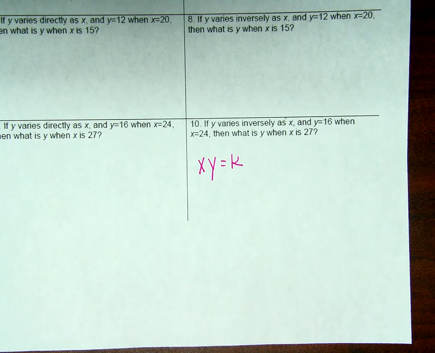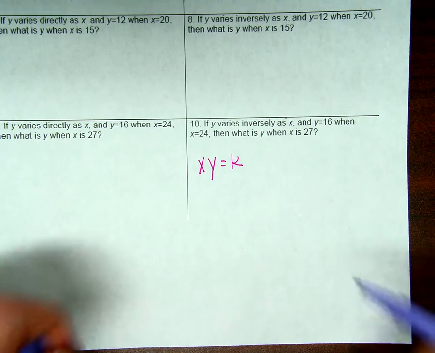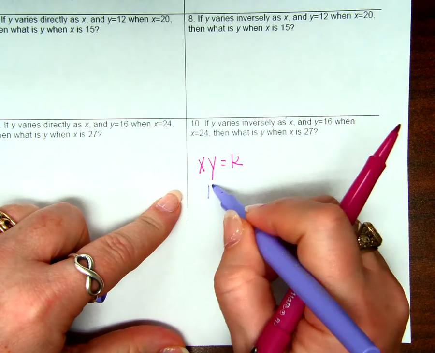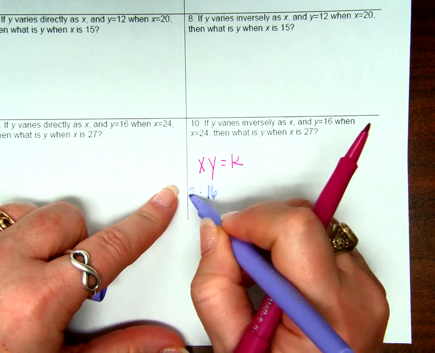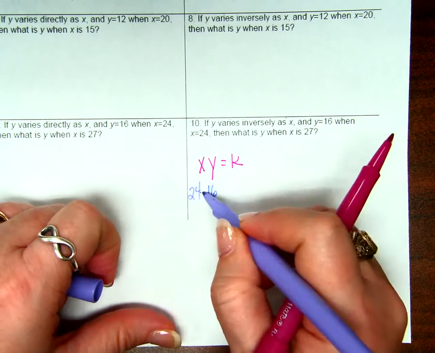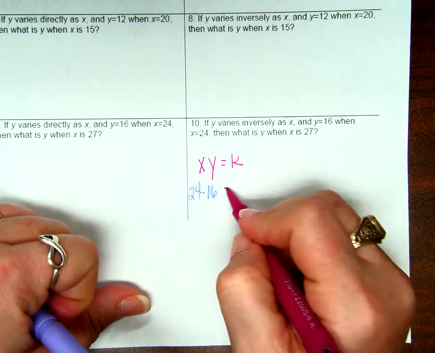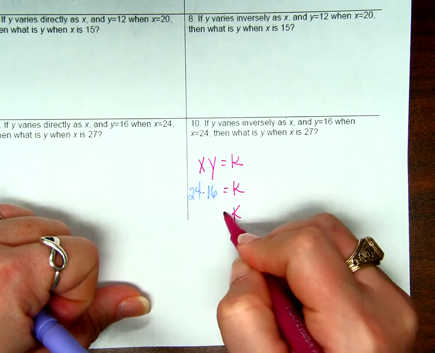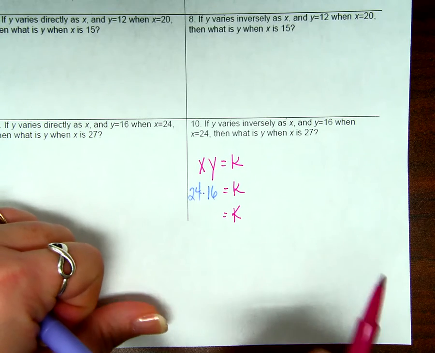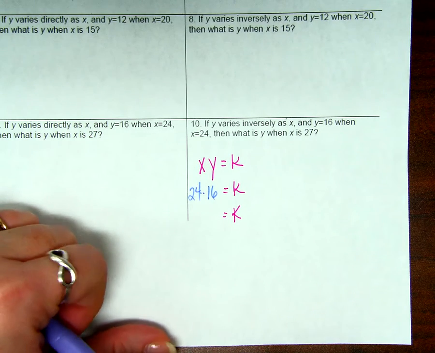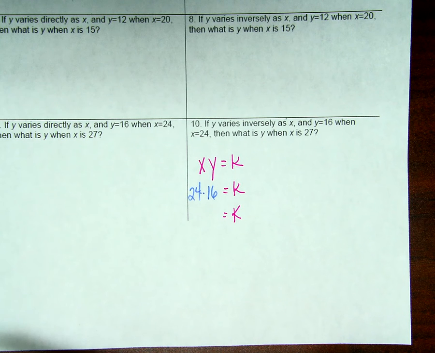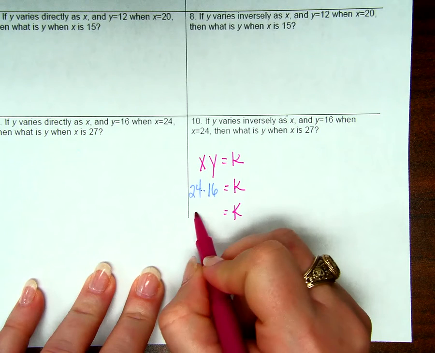Okay. It also tells me y is 16 and x is 24. If y is 16 and x is 24, what is k? 384.